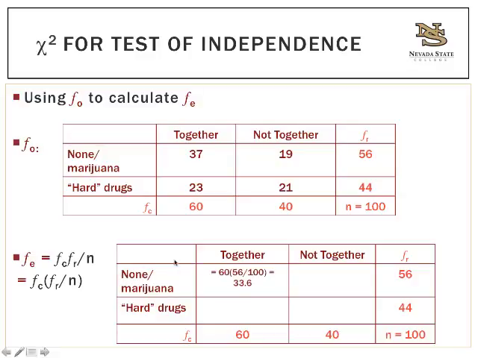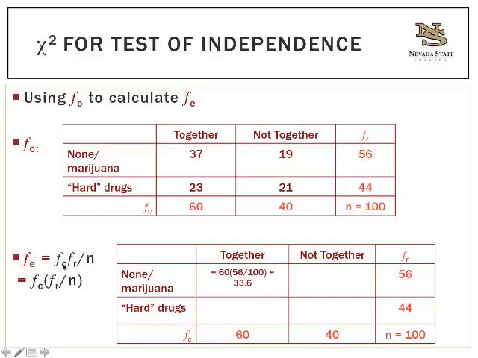We've taken our frequency in our column, which was 60, our frequency in our row, which is 56, and then divided it by our sample size, n, which is 100. When you do that math, it gives us an expected frequency in that category of 33.6. Again, we're simply taking the frequency column and putting that into our formula, the frequency row, and our n, and then we calculate that, and that gives us 33.6.